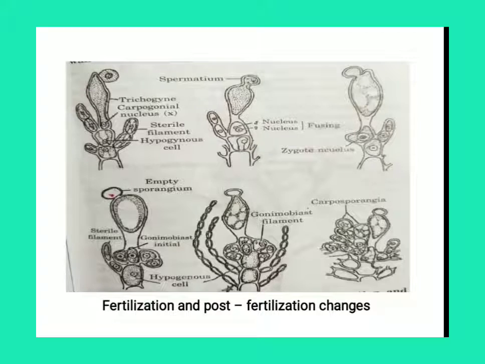This cell is further divided into a filament-like structure known as the gonioblast filament, and the gonioblast initial develops into the gonioblast filament, whose terminal cell is known as the carposporangia. You can see this structure is the carposporangia, and this is one type of change after fertilization, so it is known as the post fertilization change.